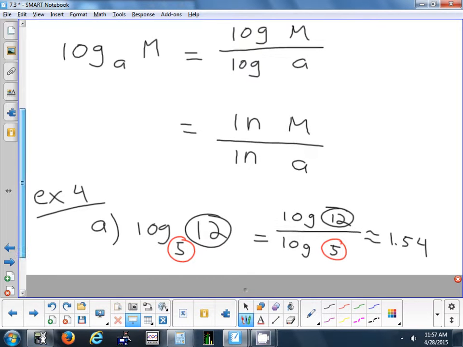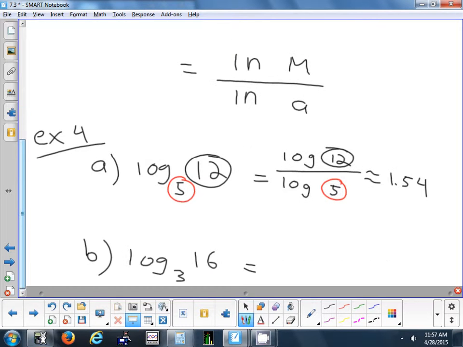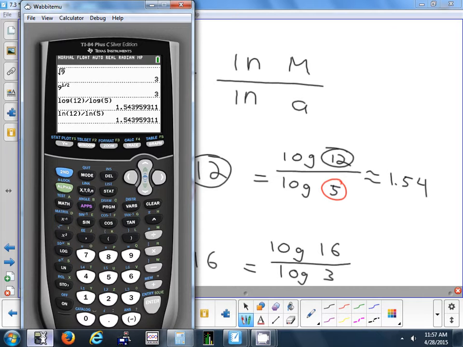So how would you type that one in? Log base 3 of 16. Yeah. Log 16 divided by log 3. That's it.